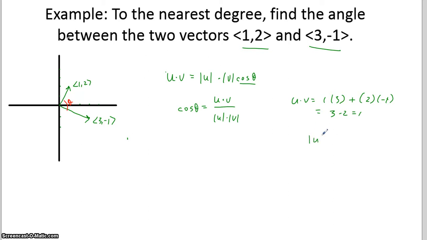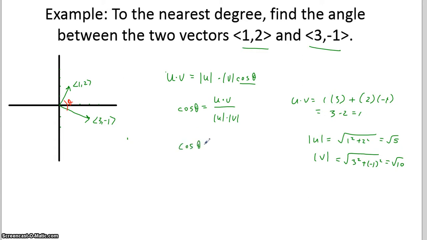The magnitude of u is just the Pythagorean theorem here. If we know that this vector is 1 over and 2 up, its length has to be the square root of 1 squared plus 2 squared, which is root 5. And then the magnitude of the other vector, which is 3 over and 1 down, is just the Pythagorean theorem again, which is going to be root 10.